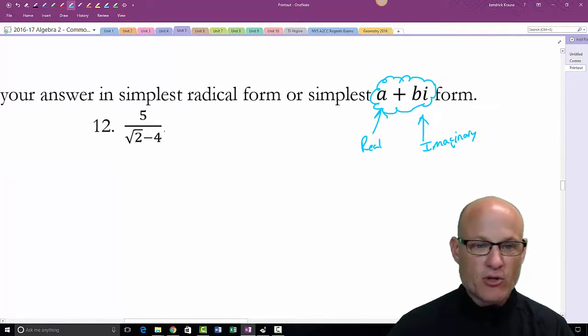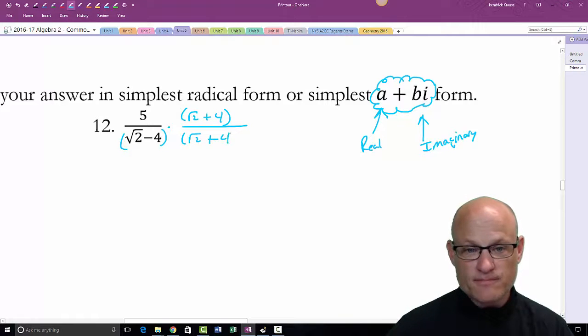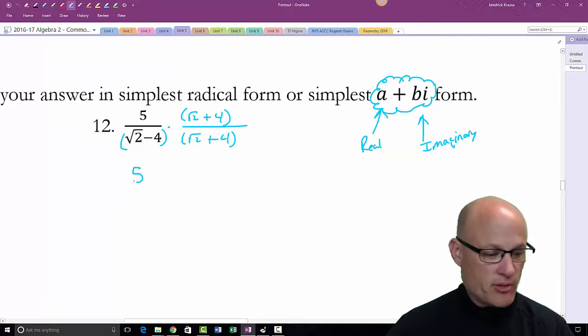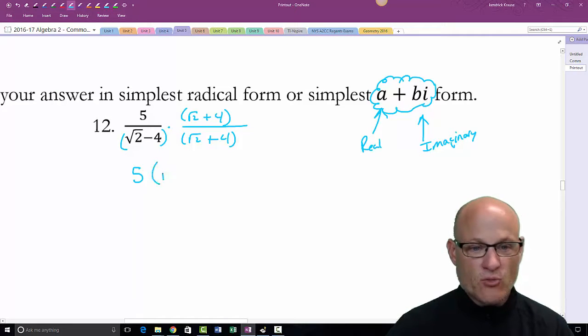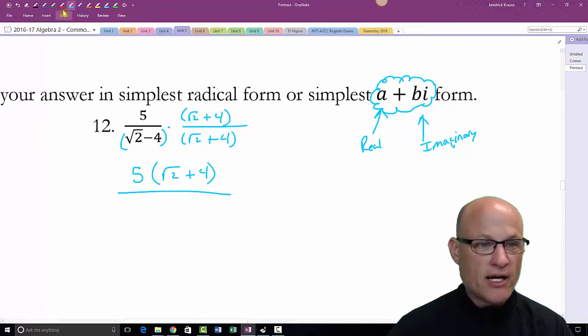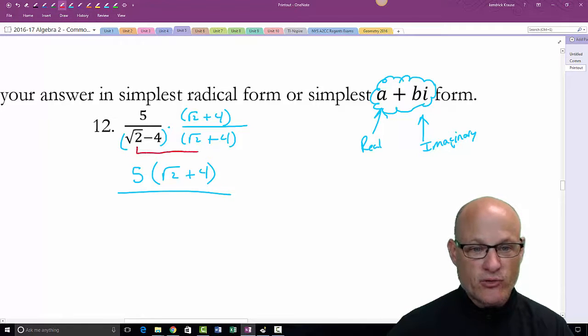In this one here, we're going to multiply by the conjugate, which is radical 2 plus 4. So in the numerator, don't distribute: 5 times radical 2 plus 4, all over. Now, again, I only have to do these. Square root of 2 times the square root of 2 is 2.